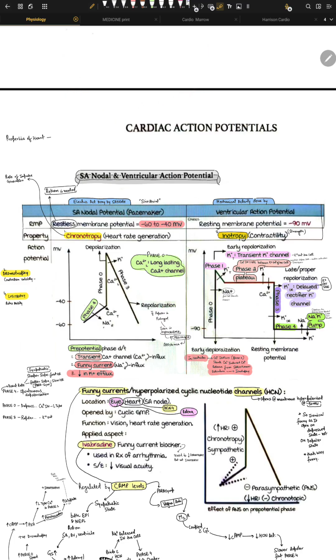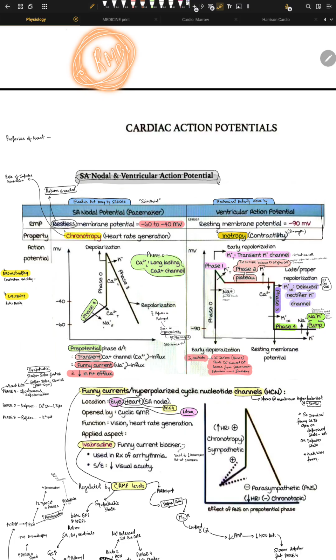It matters because if you change the resting membrane potential of some cell, we can fundamentally change how fast any cell performs this action potential.